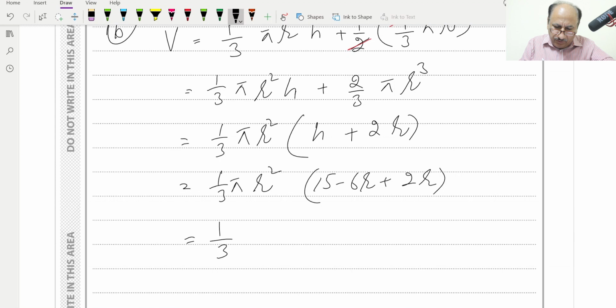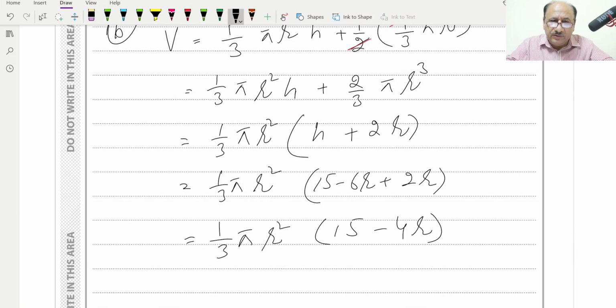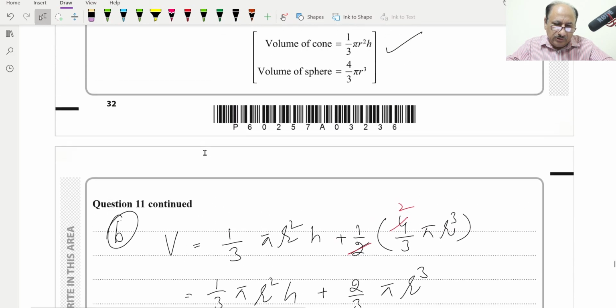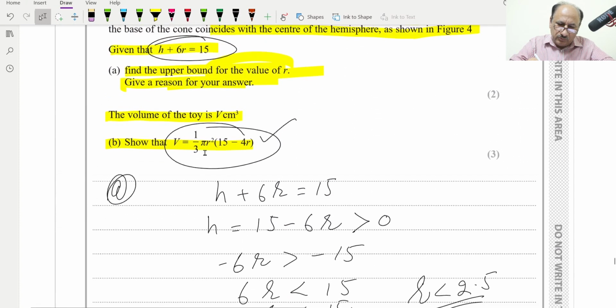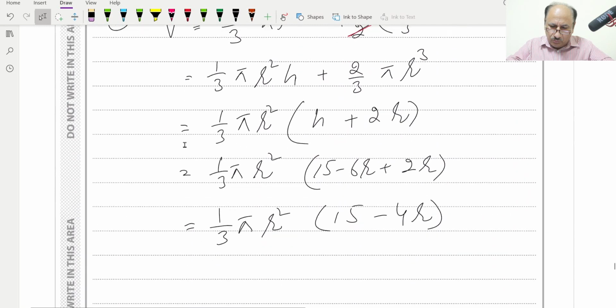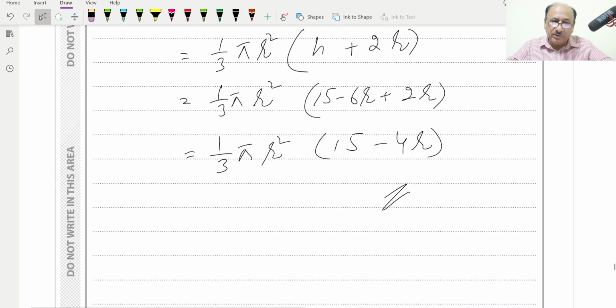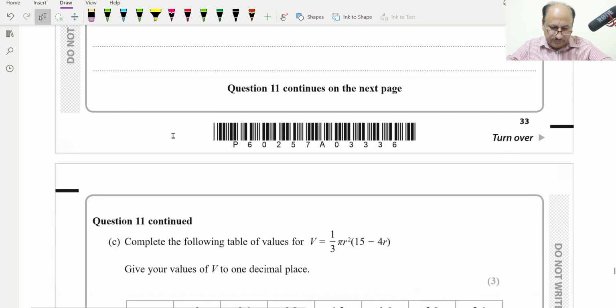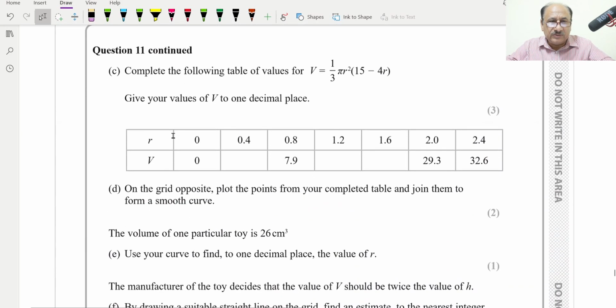This gives 15 minus 4r, and this is what we need to prove. This is the same as we have done over here. Hopefully you understood this.